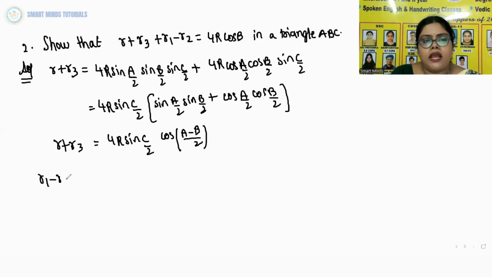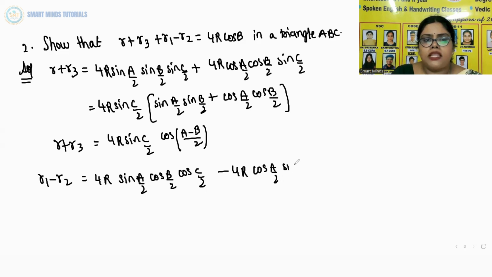Now let us take r1 minus r2. So r1 is 4R sin A/2 cos B/2 cos C/2, minus r2, which is 4R cos A/2 sin B/2 cos C/2.